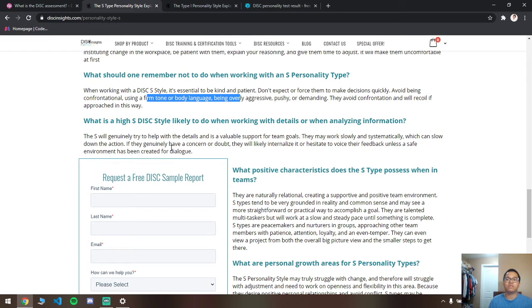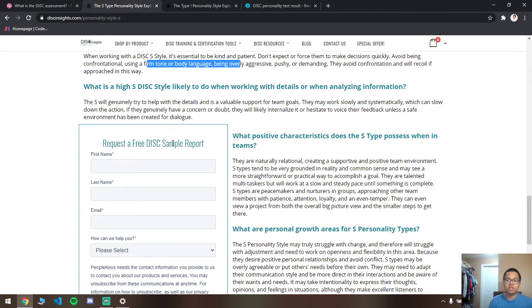What positive characteristics does the S type possess when in teams? They are naturally relational, creating a supportive and positive team environment. S types tend to be very grounded in reality and common sense, and may see a more straightforward or practical way to accomplish a goal.